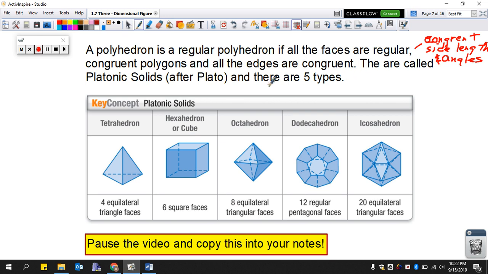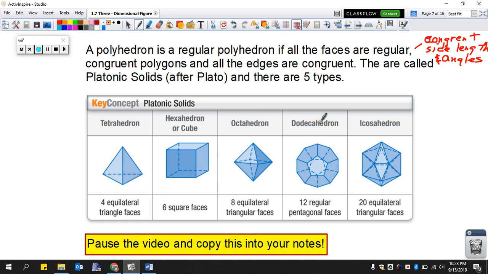These are called Platonic solids, which are actually named after Plato because he did a lot of work with these. And there are basically five primary types. You have a tetrahedron, which has 4 equilateral triangular faces. You have a hexahedron, which we commonly refer to as a cube, which has 6 square faces.